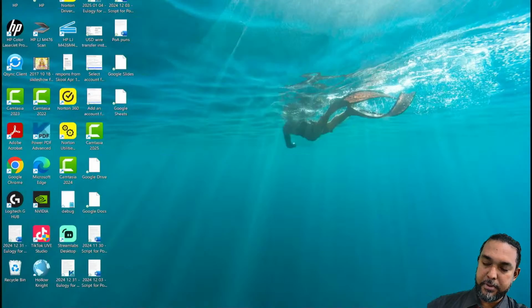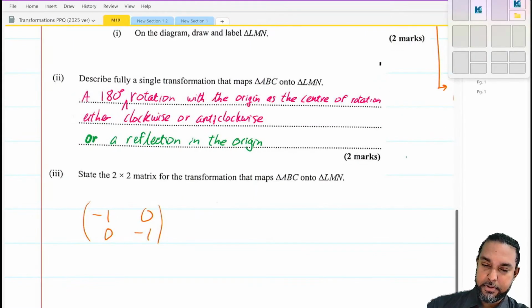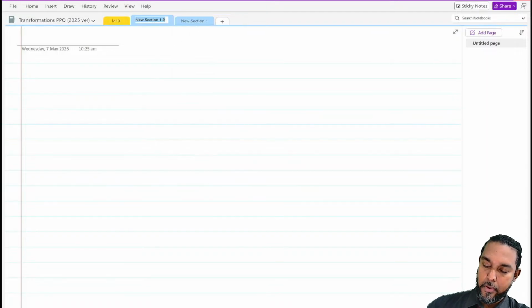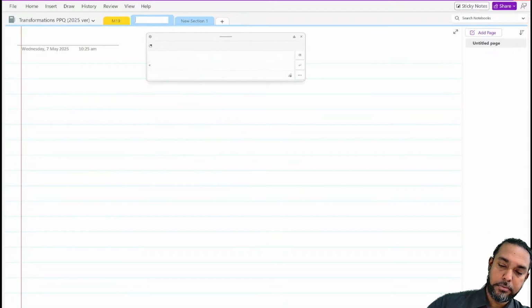All right, so while that's printing, let me just insert it.